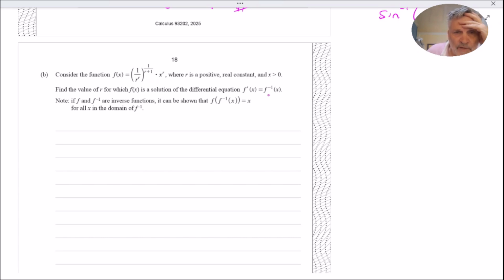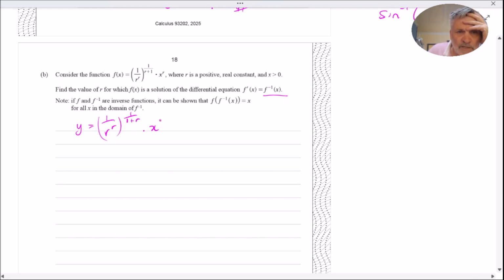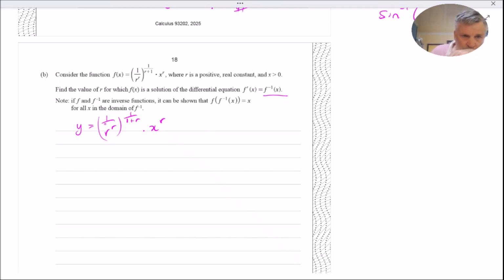A way to find the inverse function is just, if you write the equation as y equal 1 over r to the power of r, 1 over 1 plus r times x to the power of r. A way to write this is just to try and rearrange this equation to get x as the subject, and then what you're left with will be the inverse function.